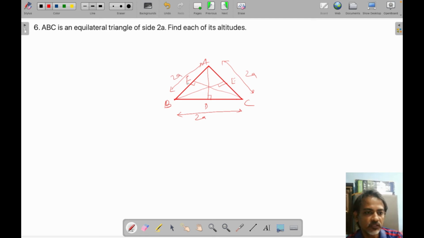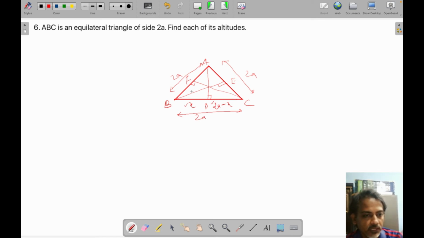With respect to symmetry, we know that if we find out one of these altitudes, the other altitudes will also be equal, right? So now let's look into triangles ABD and ADC. Let's call BD as X and DC as 2A minus X, because this entire length is 2A. If this becomes X, then this will become 2A minus X, because when we sum it up it will be 2A.